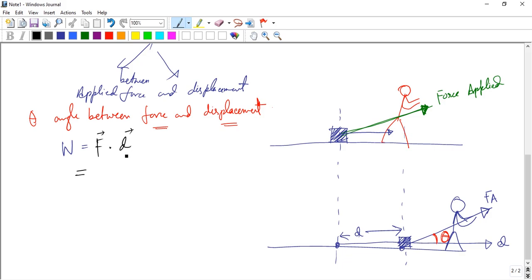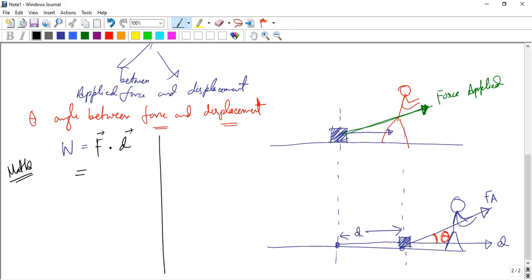There are two views, mathematics and physics. Maths says this is a dot product. In class 11 we learn what is dot product and what is cross product, the two types of vector multiplication. Here we skip that portion in class 10; it is not important here.